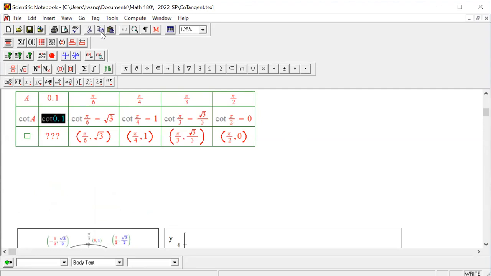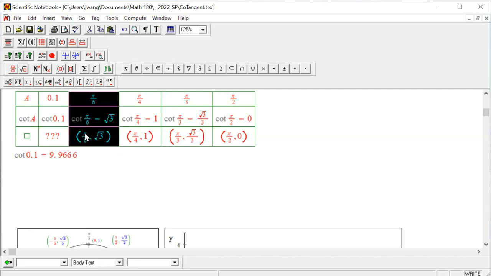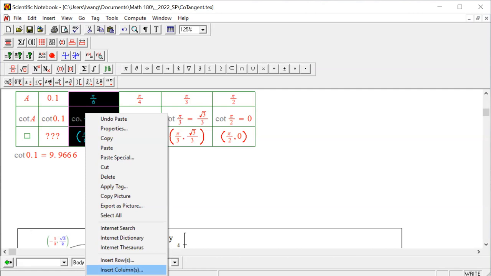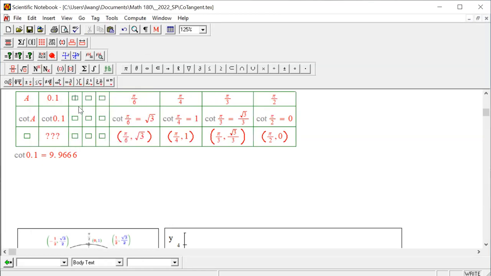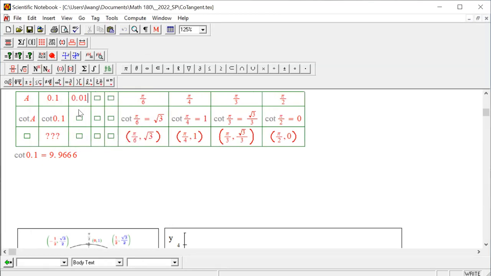Cotangent 0.1, plugging into your calculator, is pretty big. It's larger than all of these values. Then we say, how about the next one? Let me insert a column, and a couple more columns. What about cotangent 0.01?